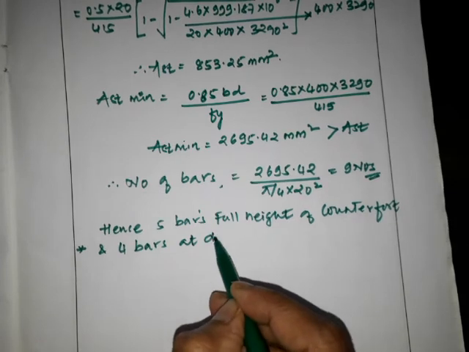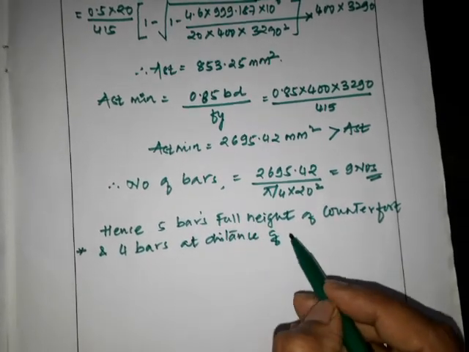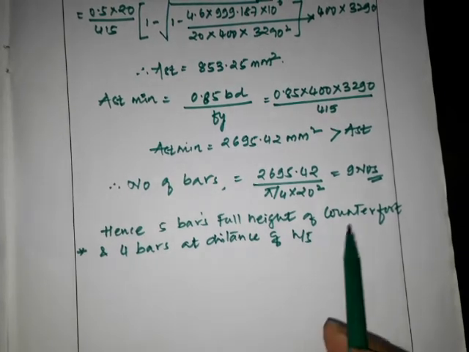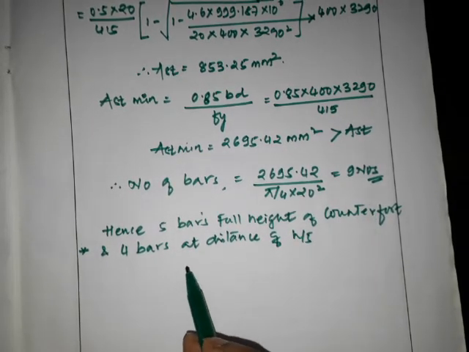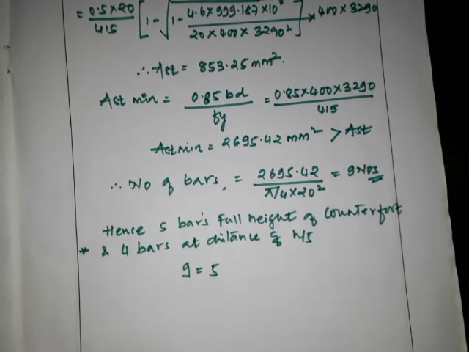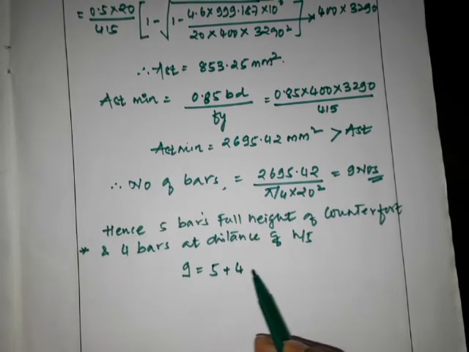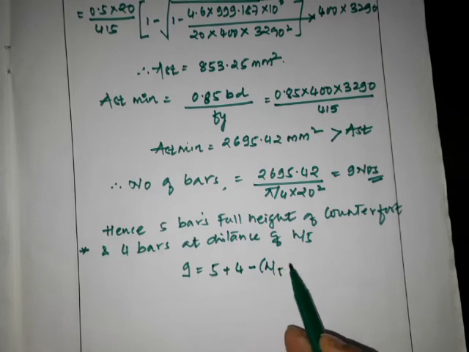at a distance of h by 5. So out of 9 bars, 5 bars will be full height, that is 6.3, plus 4 bars we provide only at a height of h by 5.